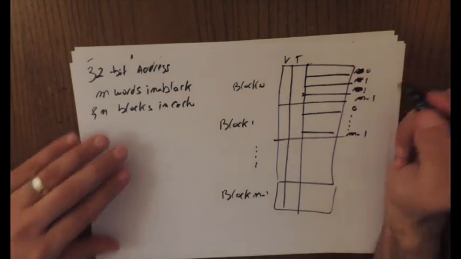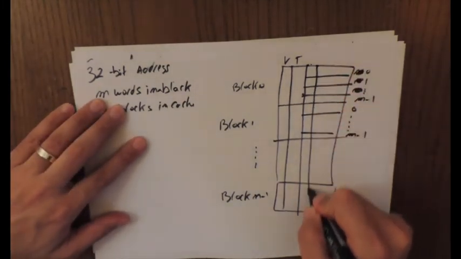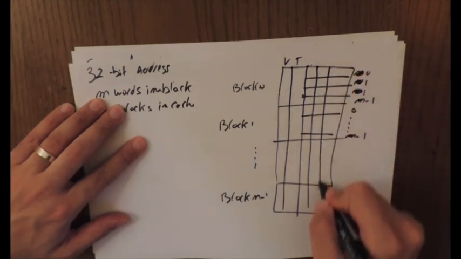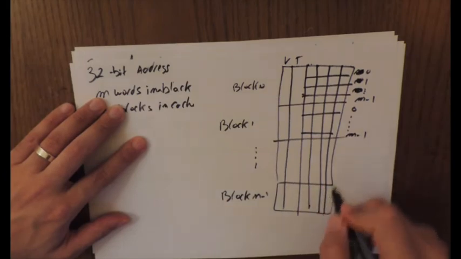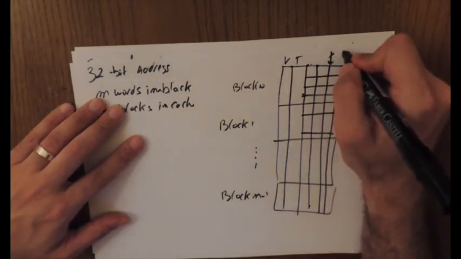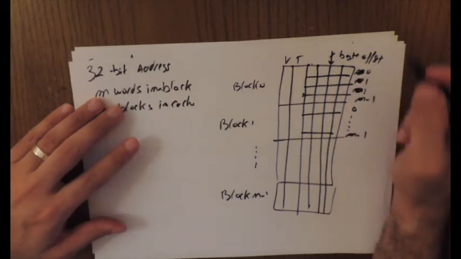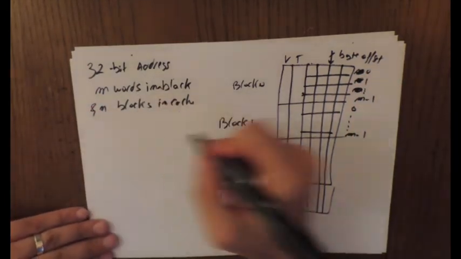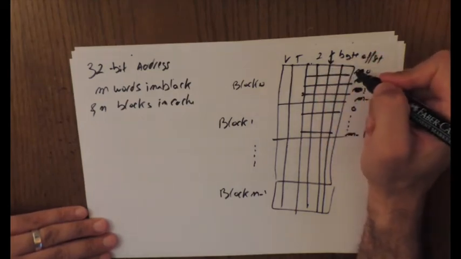And if I have byte addressing, this means I will divide this into 4, and I need something called a byte offset. Of course, since we have 32 bits, the byte offset is 2 because we have 4 bytes per word.